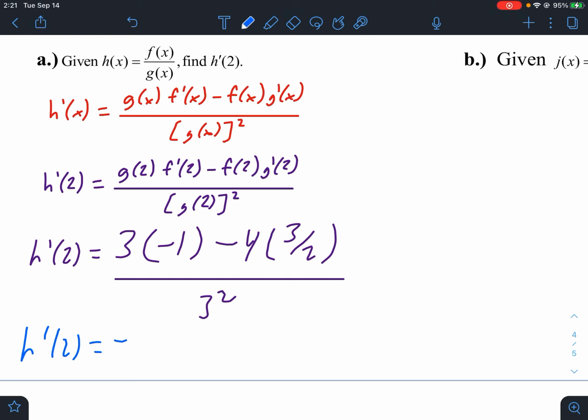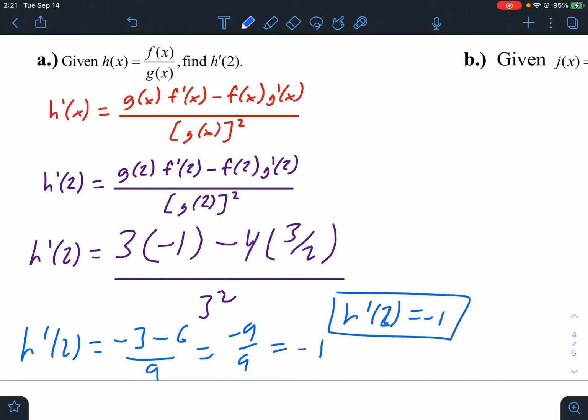And then we can just simplify that. So we get -3 minus 6 over 9. Or -9 over 9, or -1. So h prime of 2 is -1.